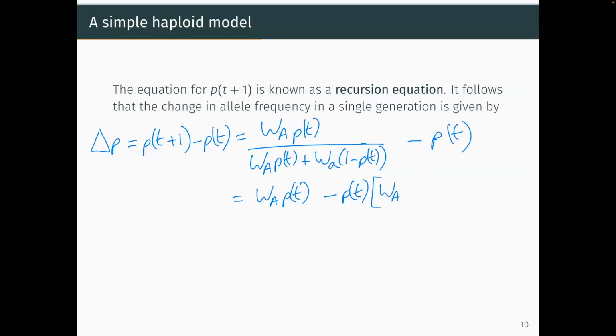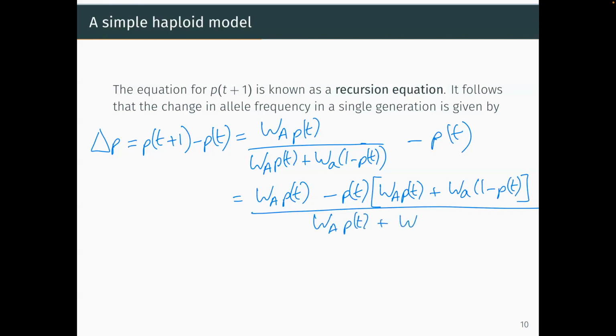We have W sub A P of T plus W sub little a times 1 minus P of T, and then all over what we had before. Just a little bit of algebraic manipulation here.